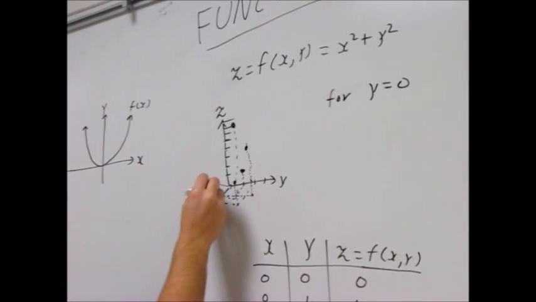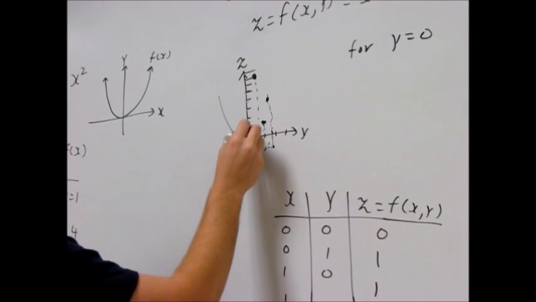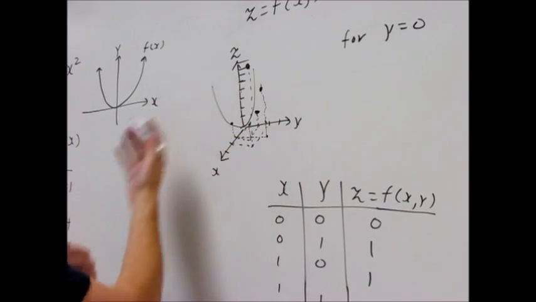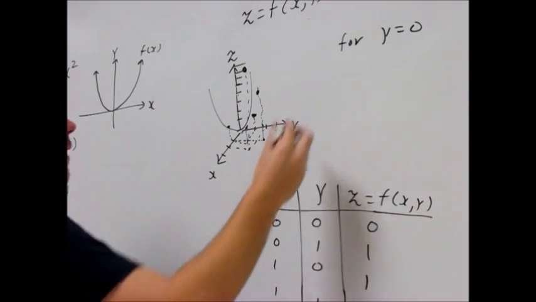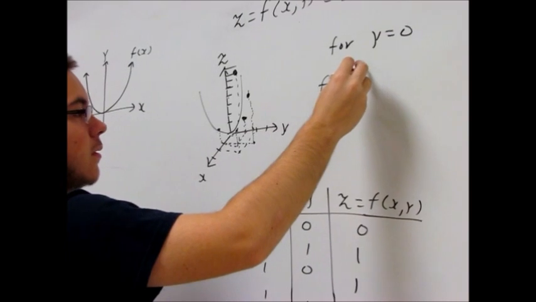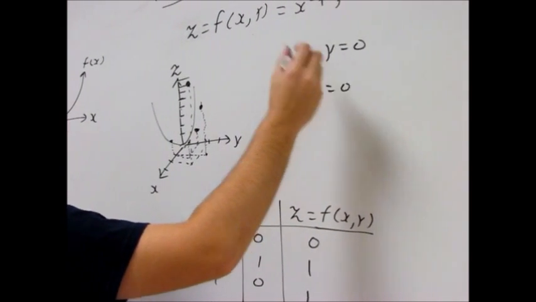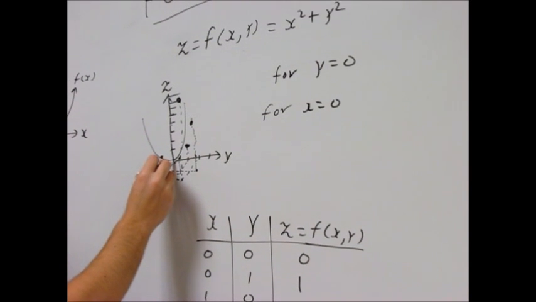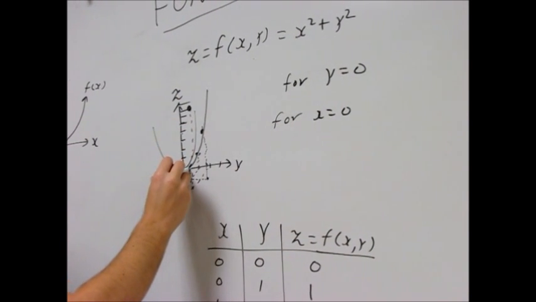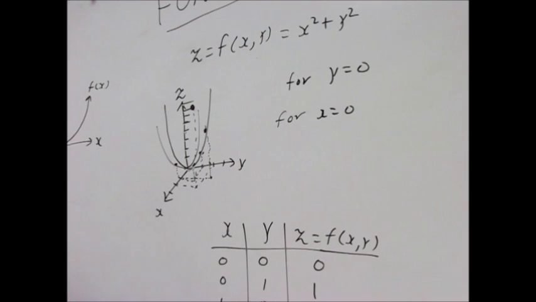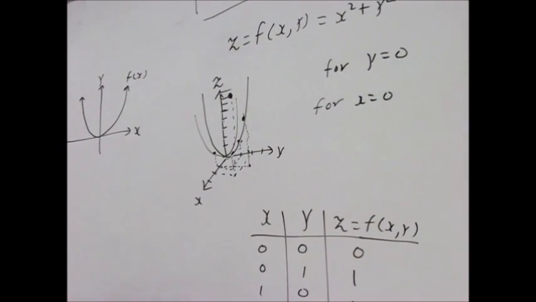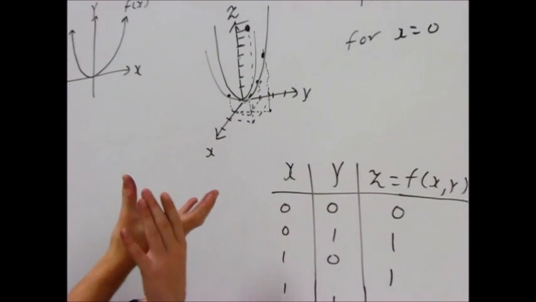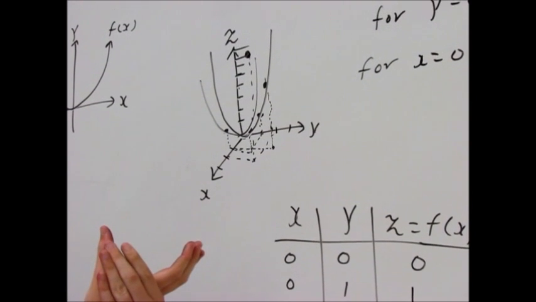It's going to be a parabola in the x direction. Similarly, for x equals 0, we just get z equals y squared, another parabola. So right now you see that there's a parabola going this way, and another one going this way.